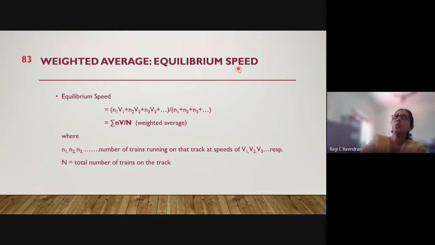In order to calculate the equilibrium speed, we need to know how many trains of the same category are going to utilize that track section.